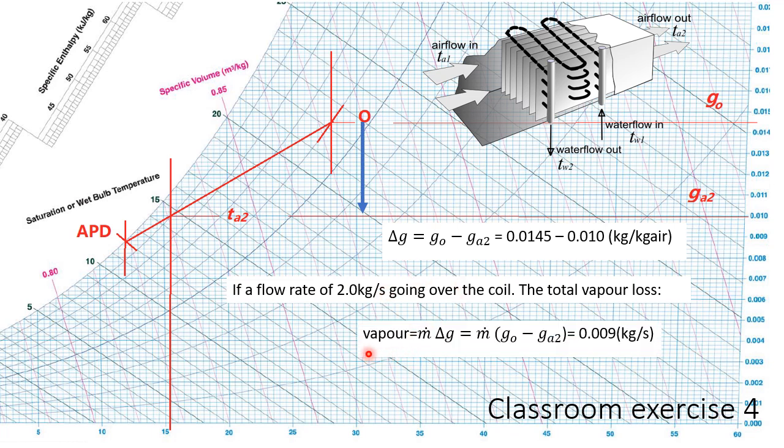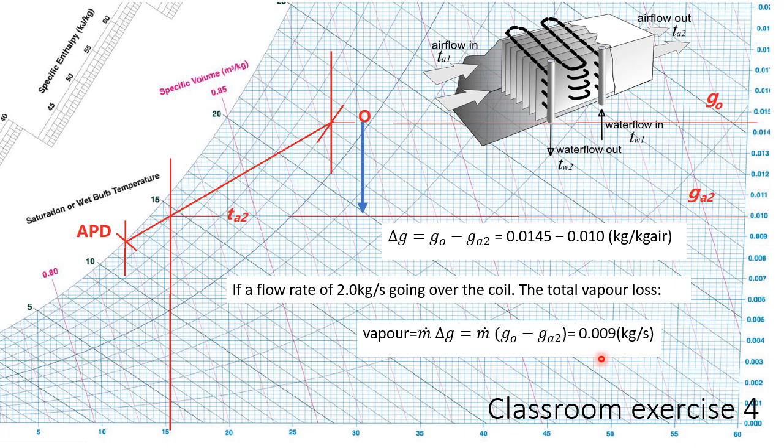So if we calculate the vapor lost, or vapor turned into condensation, it is the mass flow rate of air multiplied by the moisture content change. So the 2 kilograms per second multiplied by the difference, and we obtain 0.009 kilogram of vapor condensate per second.